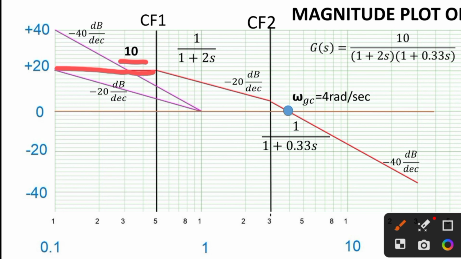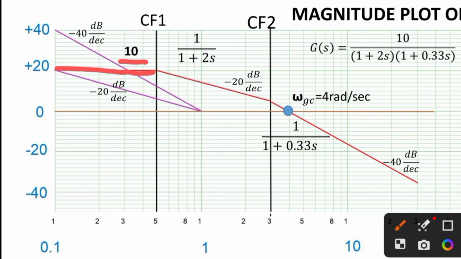This 20 dB flat line continues up to the first corner frequency, and at every corner frequency the slope of the magnitude plot will definitely change. So this first term 10 contributes the gain of 20 dB. It's a flat, horizontal line up to the first corner frequency.